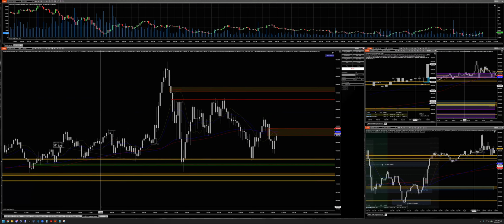It's small. Yeah, so it's creating an imbalance to fill the imbalance that it created right here.